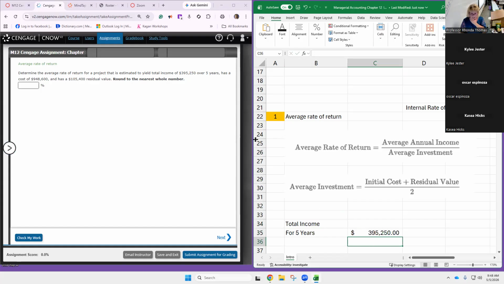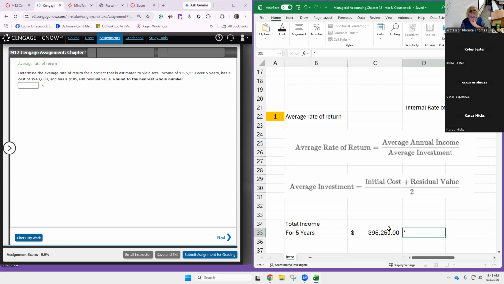Then we need the average annual income. If you divide by 5, I believe you would get your average. So let's divide this by 5, and we'll put that beside it to get the average annual income.